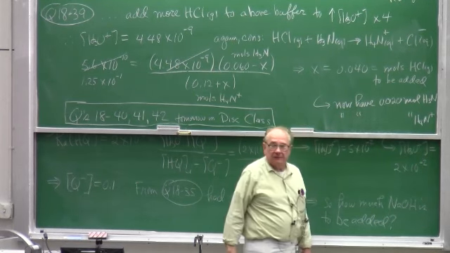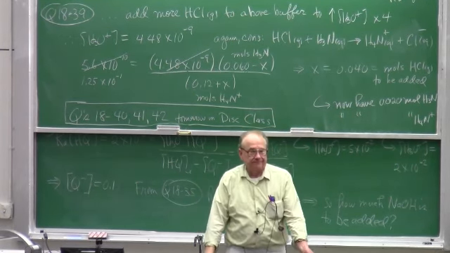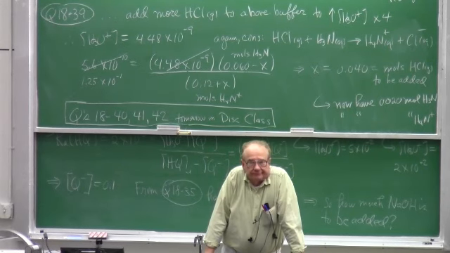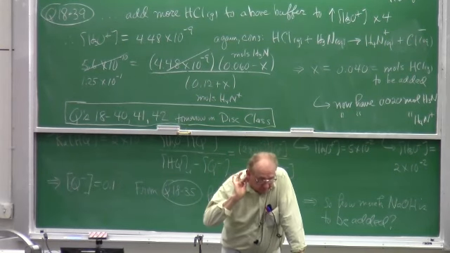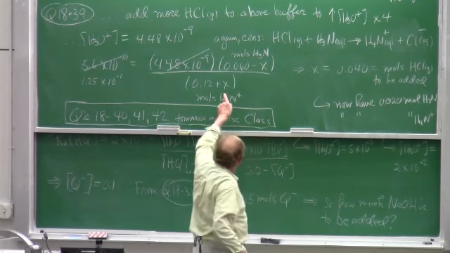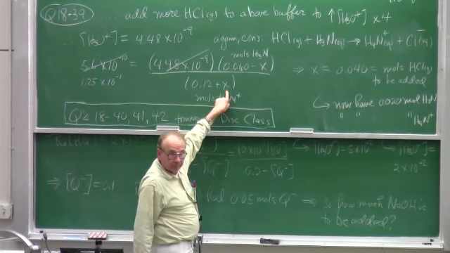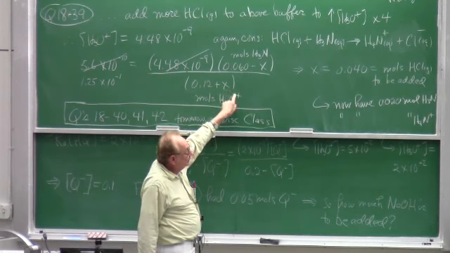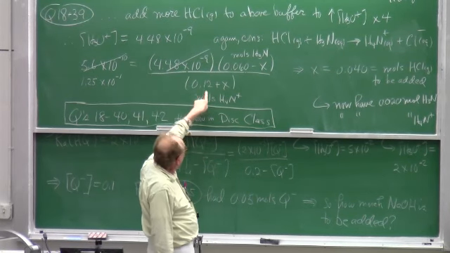And at this point, how many moles of ammonium ion are in the system? Surely you can add 0.04 to this.